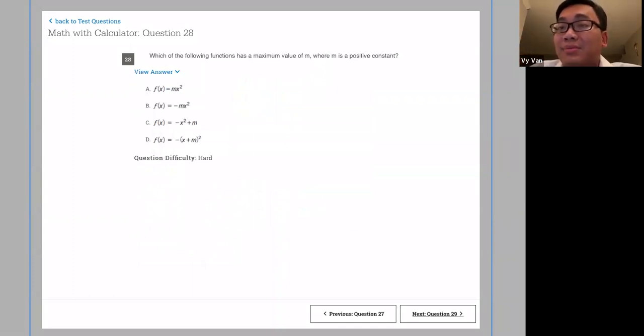Which of the following has a maximum value of m, where m is a positive constant? Okay, so let's review this. Maximum value, okay? When you have a function in the form a(x minus h) squared plus k, this is called the vertex form of the quadratic function.